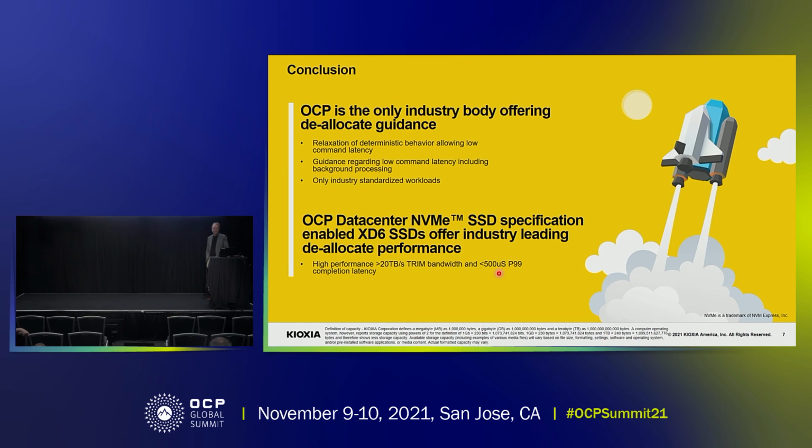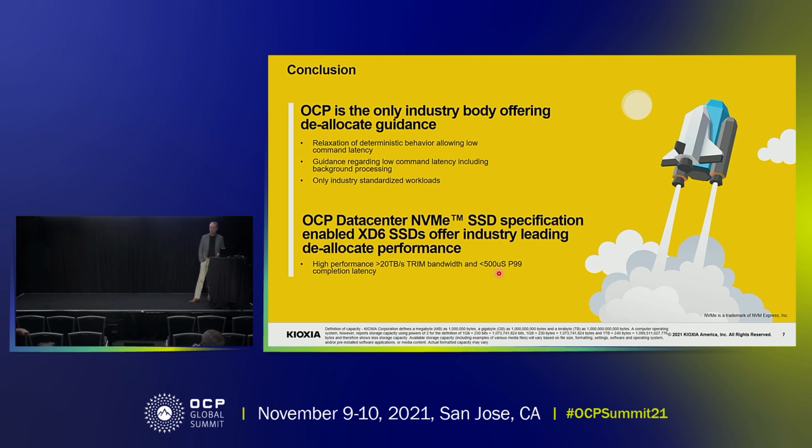I think that's an interesting conversation that I'd like to have some industry time spent on, to get us better trim metric workloads that we could all work from. But in general, I just wanted to give good kudos to the OCP team for providing really the only guidance in the industry around what the deallocate performance needs to be. That's all I had, and I open it up for a couple minutes of questions.